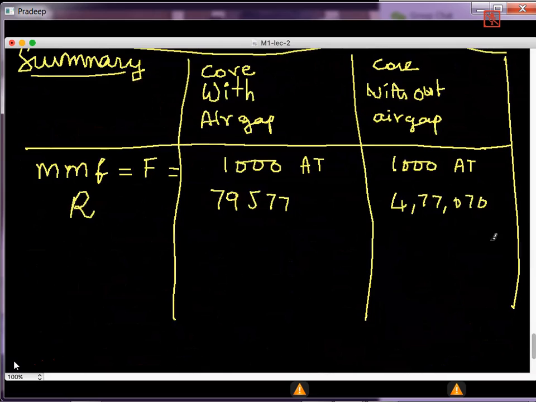And therefore, what is the flux here? I'm sorry, I think I just reversed the solution. So let me just delete this.